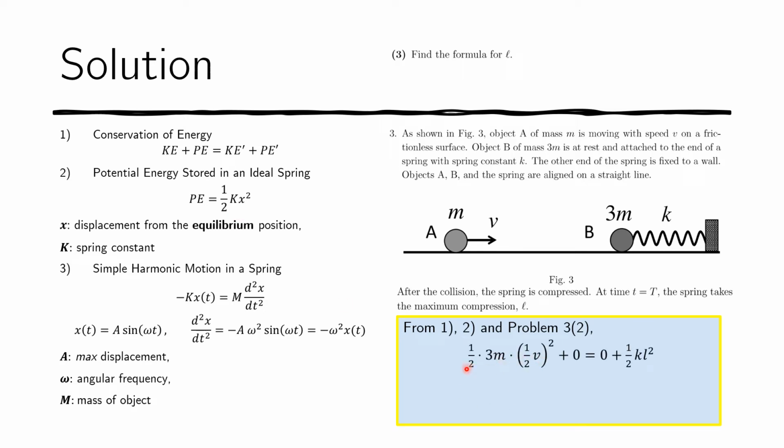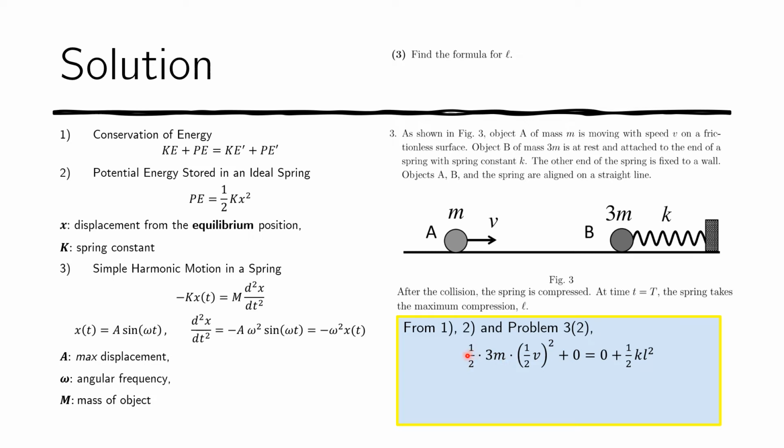Here, this is the kinetic energy of object B. At rest, when it is at the initial position, here at equilibrium, it is not moving. When object A collides with it, it starts moving at the speed of 1/2 v. We know this 1/2 v from problem 3.2, so this is from the previous video. And 3m is the mass of the object here.